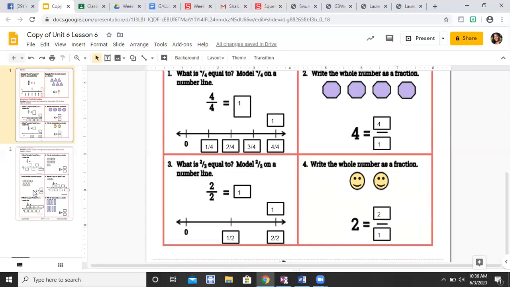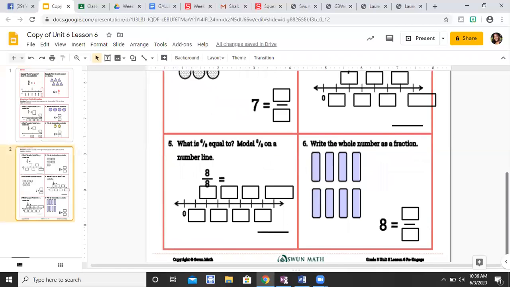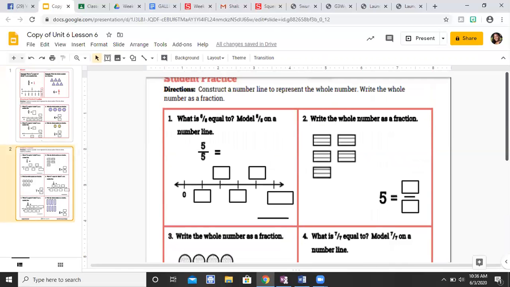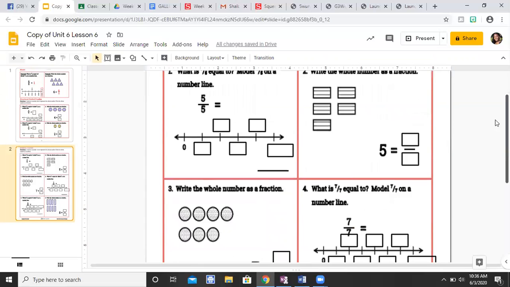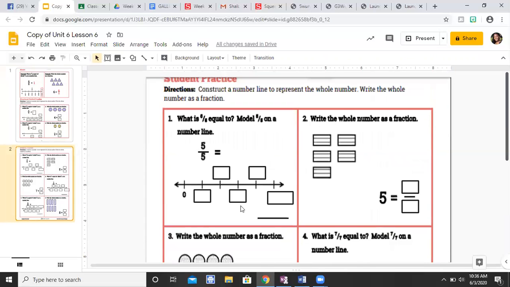Okay, so now, boys and girls, it is your turn to complete your problems. You're either going to be completing the number line like I did, or writing the whole number as a fraction by looking at the pictures here.